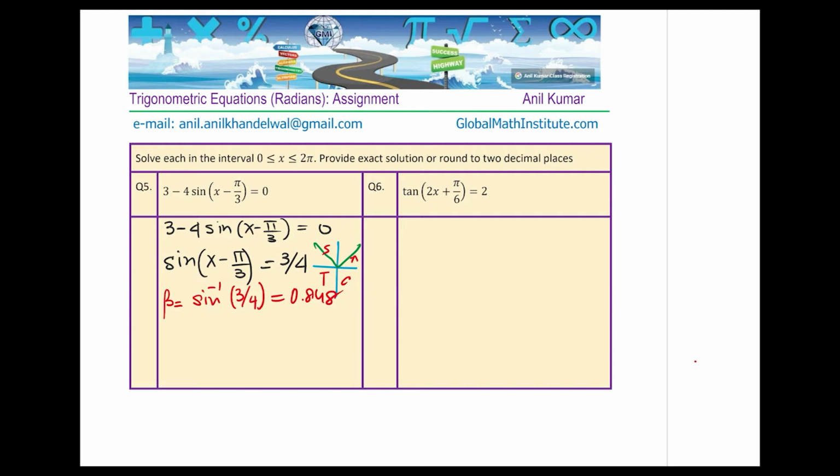So this is one of the solutions: x minus pi by 3 is equal to 0.848, and the other solution will be pi minus 0.848, correct?